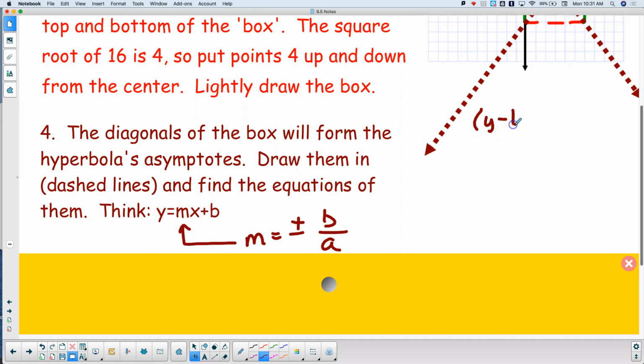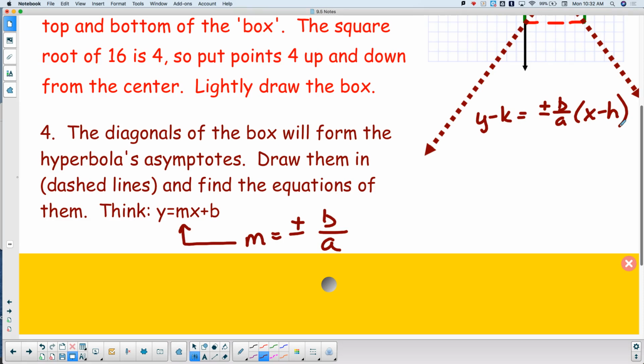The formula would be y minus k equals plus or minus b over a times the quantity x minus h.